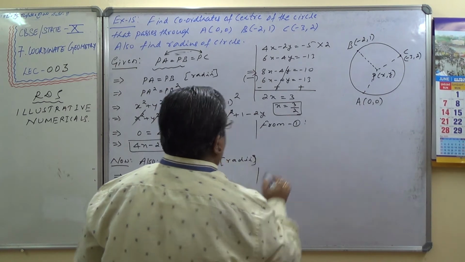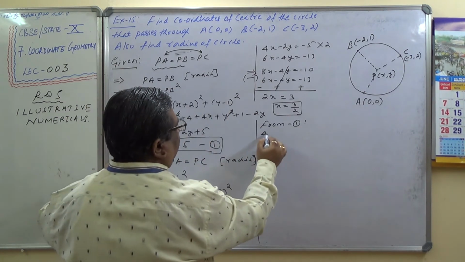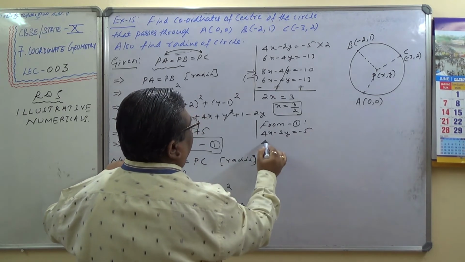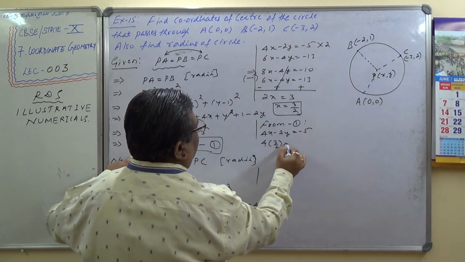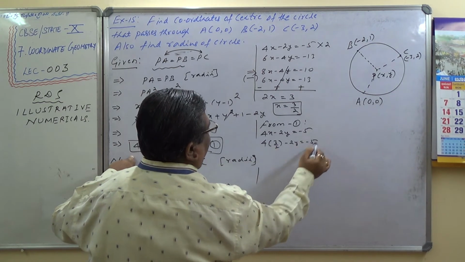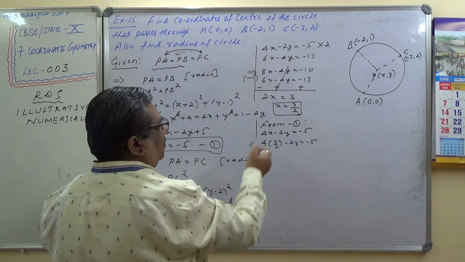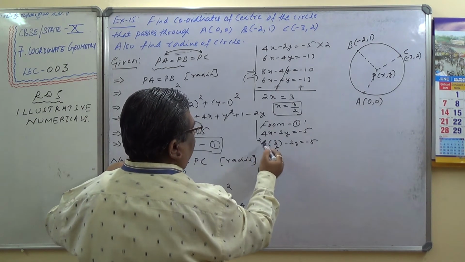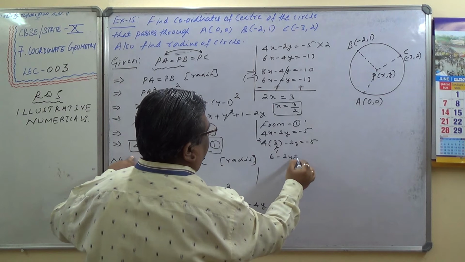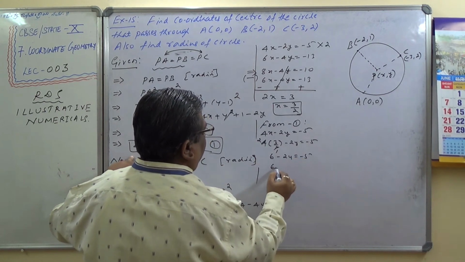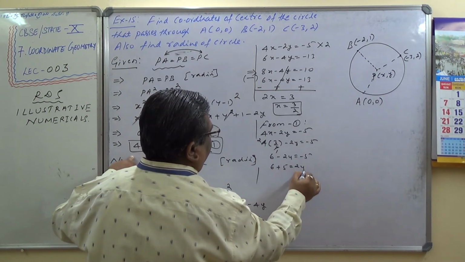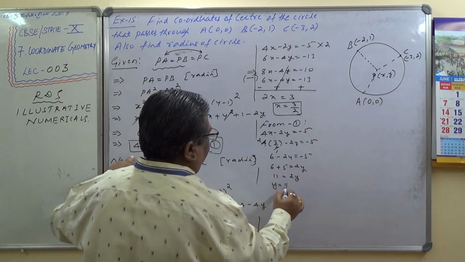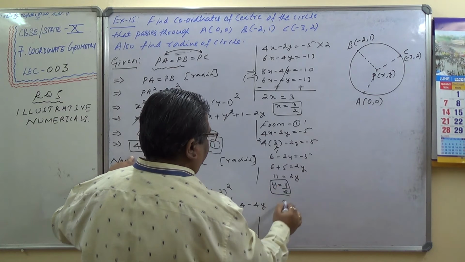From 1, 4x minus 2y equals minus 5, 4 times 3 by 2 minus 2y equals minus 5. Substituting x is equal to 3 by 2 here, 6 minus 2y equals minus 5, 6 plus 5 equals 2y, 11 equals 2y, y equals 11 by 2.